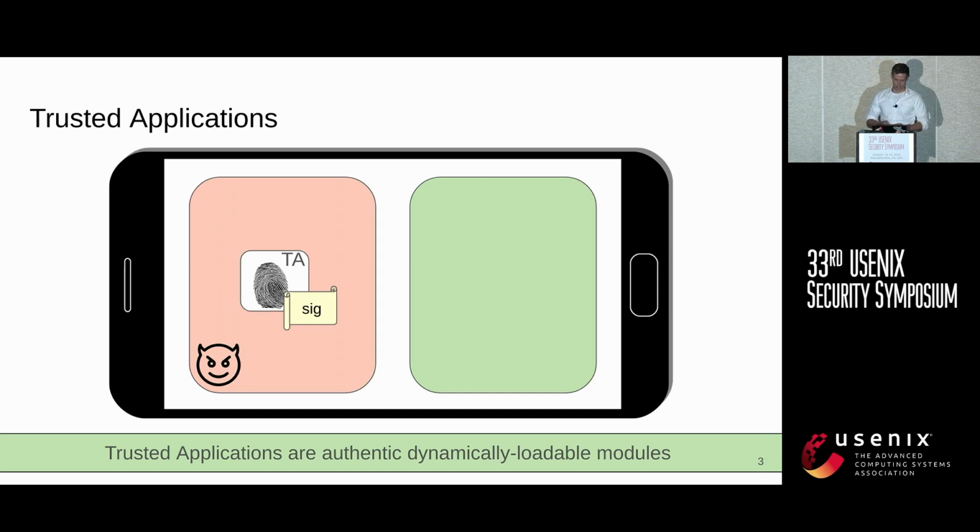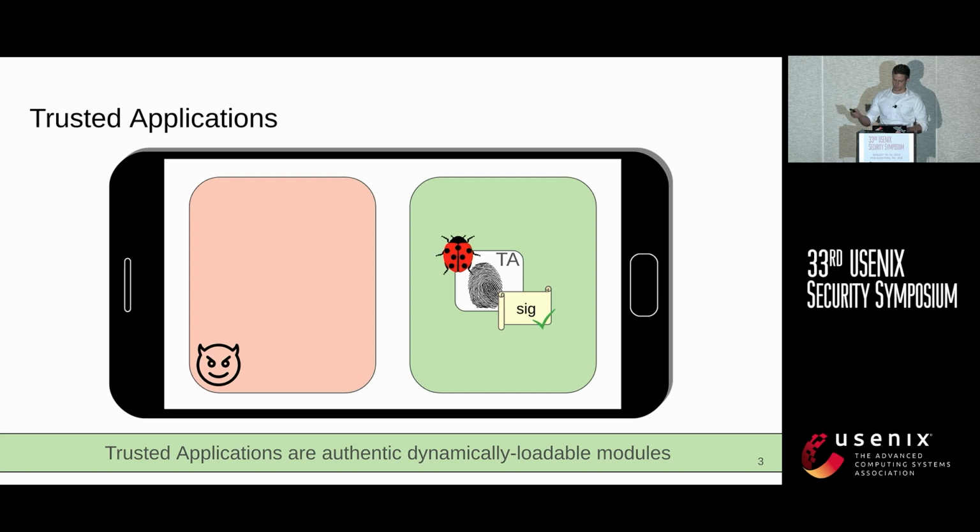Trusted applications are dynamically loadable and authentic modules. You have a blob that is signed by the manufacturer, and the loader during runtime takes care that only vendor-signed code is loaded. That brings us to the question of what happens when we have a security critical vulnerability in one of these trusted applications.